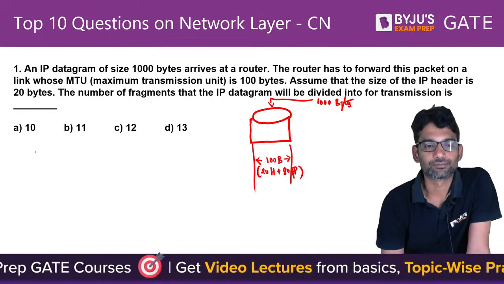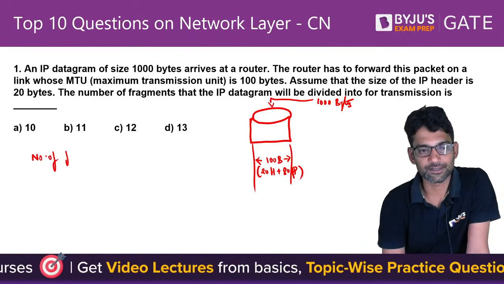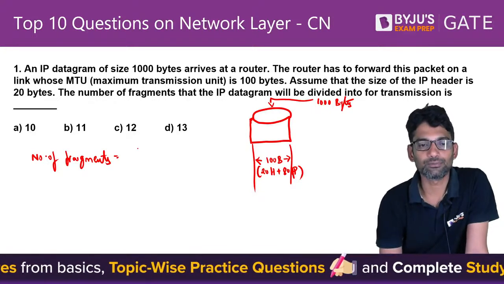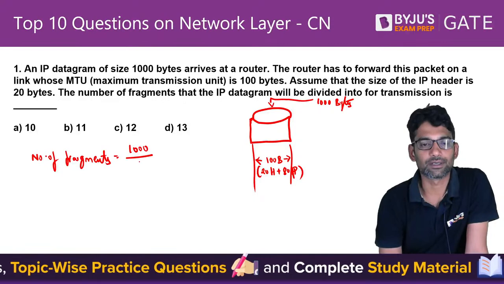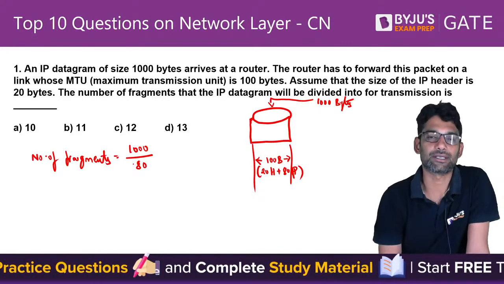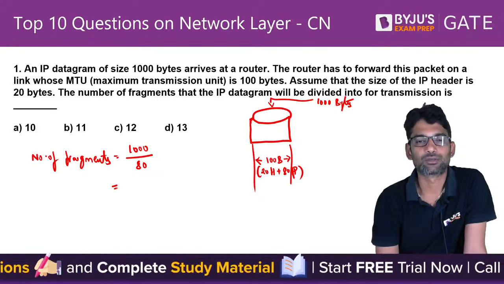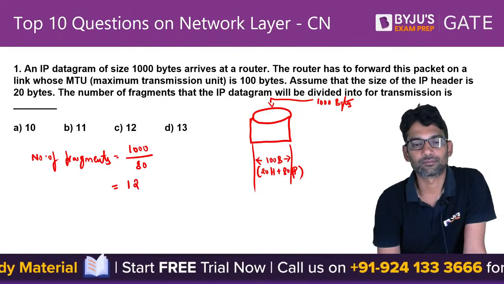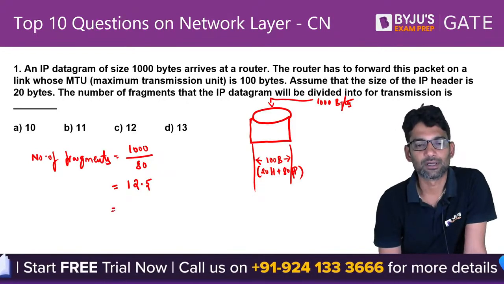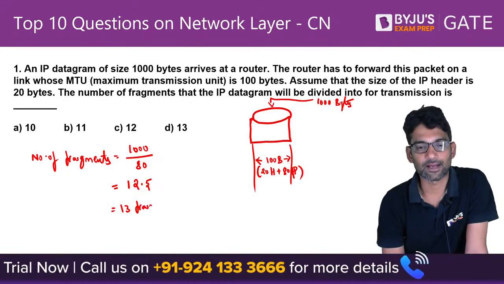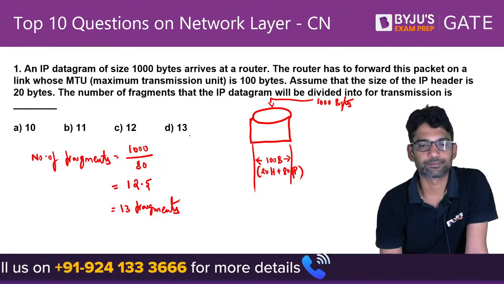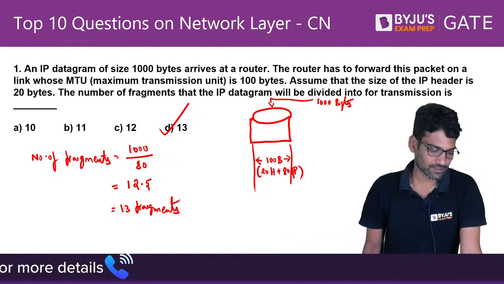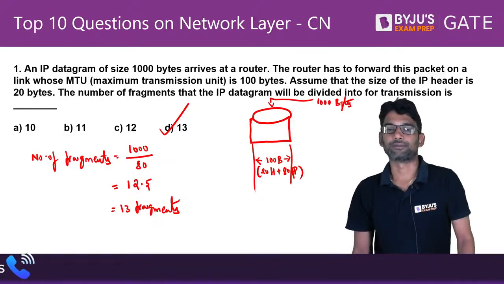So number of fragments will be equal to, out of this 1000, you can keep maximum 80 in one fragment. So it would be 12.5, that means 13 fragments. Yes, correct. Dushyant, Satya, Shiv, yes, you are correct.